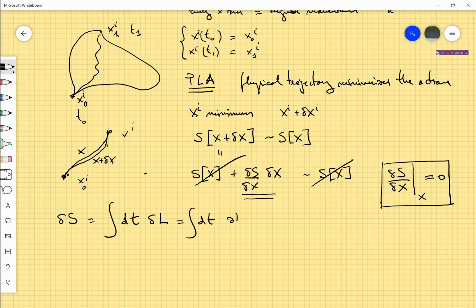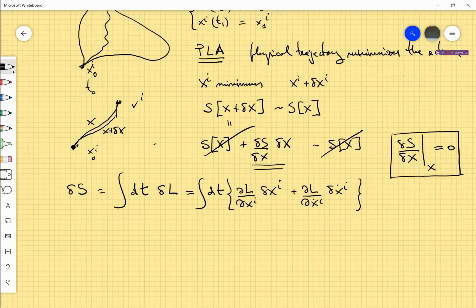So basically I use the chain rule. So the variation of L will be the partial derivative of L with respect to x^i times the variation of x^i, plus the partial derivative of L with respect to x dot i times delta x dot i. Okay, and nothing else, because I have assumed that my Lagrangian does not depend on t.